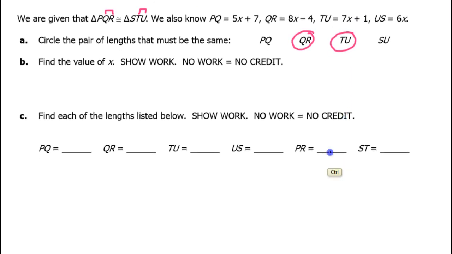So with that in mind, let's find the value of x. So QR should equal TU. So that means since QR is 8x minus 4, that should equal 7x plus 1.